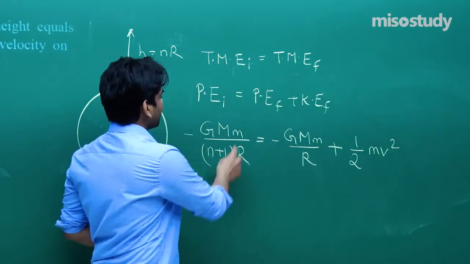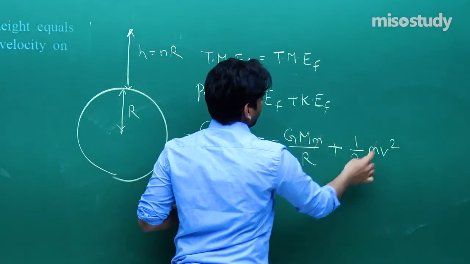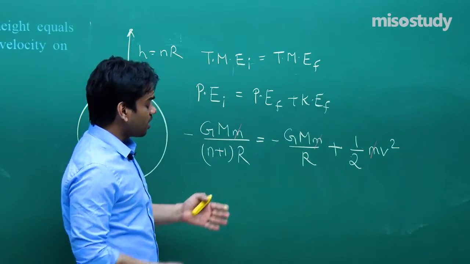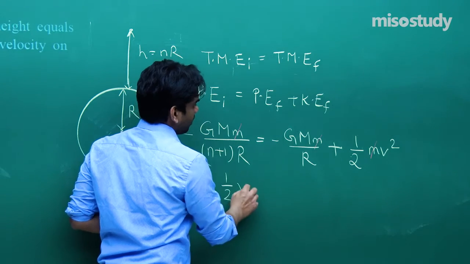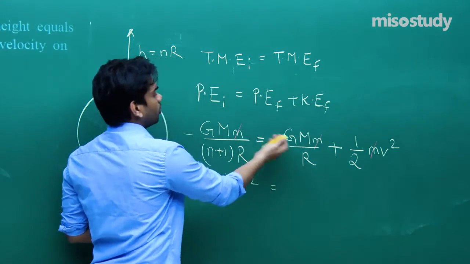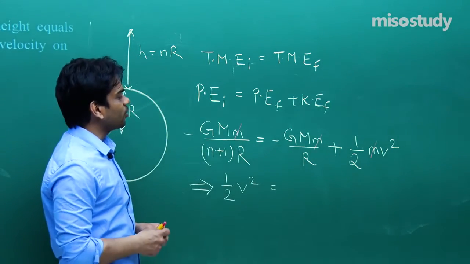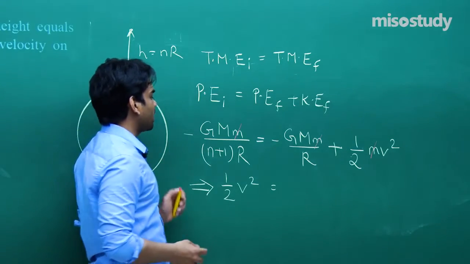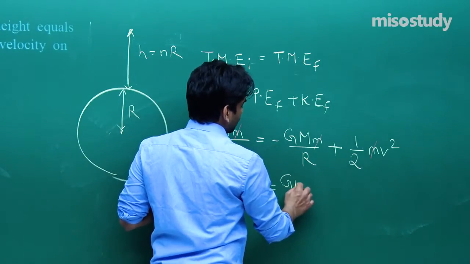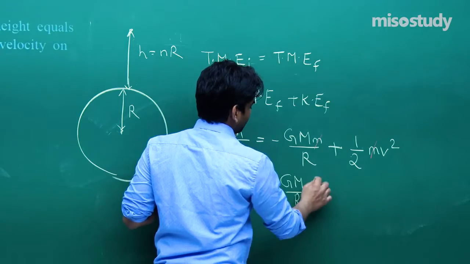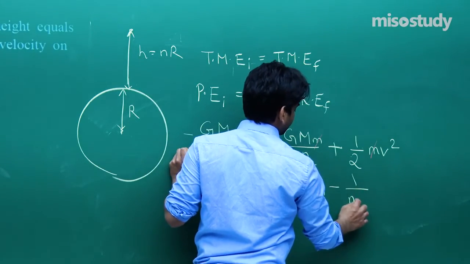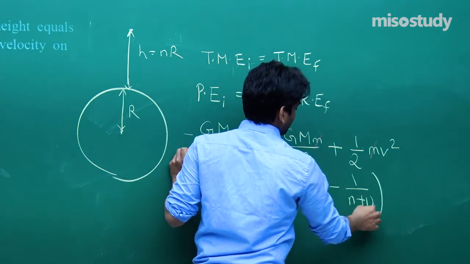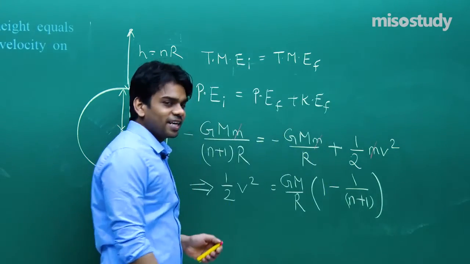From here you can easily cancel out the m terms, and half v square will be equal to, take this term here, GM divided by capital R minus GM divided by (n plus 1) capital R. So GM by R times (1 minus 1 upon n plus 1). I believe this is what you will be getting.